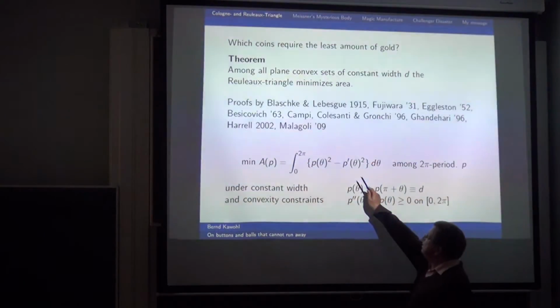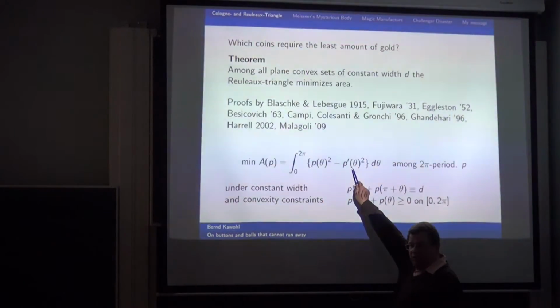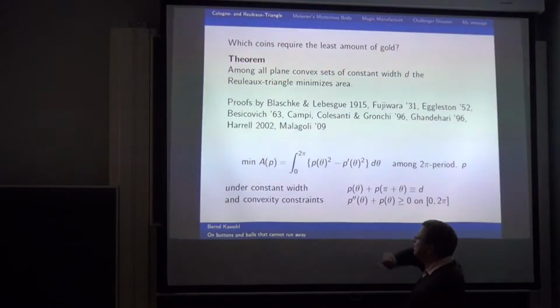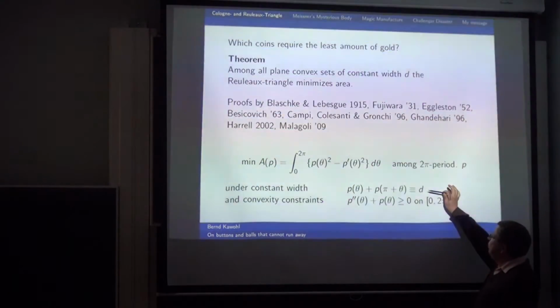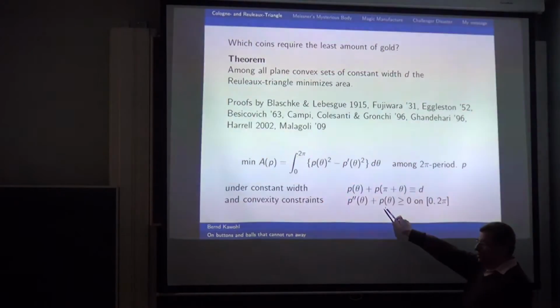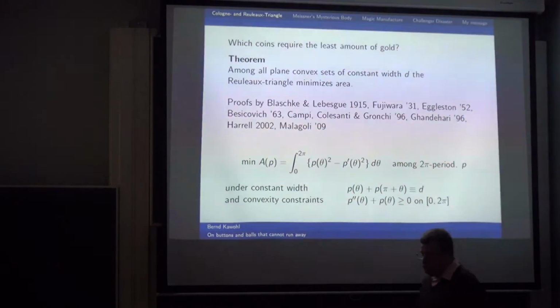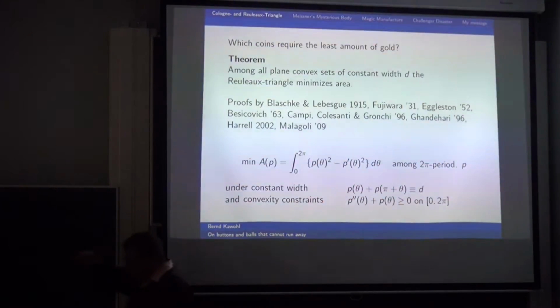And this functional is non-convex in p prime. So minimizing non-convex functionals is not so trivial. And secondly, when you do variations, you always have to keep in mind there is a convexity constraint and this constant width constraint. So you cannot do local perturbations of the boundary and derive something that says the boundary must have constant curvature or something like that. In fact, it doesn't, because the curvature jumps here.